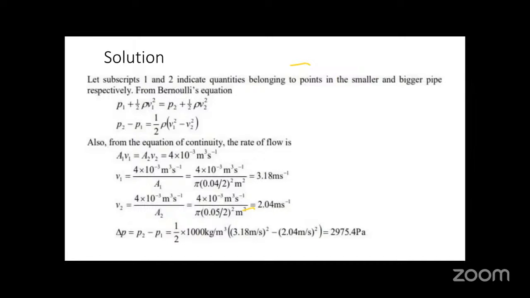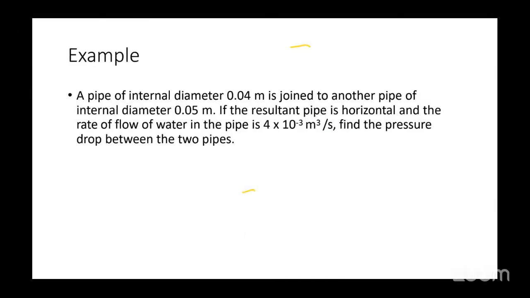So we have to solve for V1 and V2 first, and then substitute, because if you look at the question here, we have the internal diameter for 1, internal diameter for 2, and then we have the flow rate. The rate of flow of water in the pipe is 4 times 10 raised to minus 3 meter cube per second.